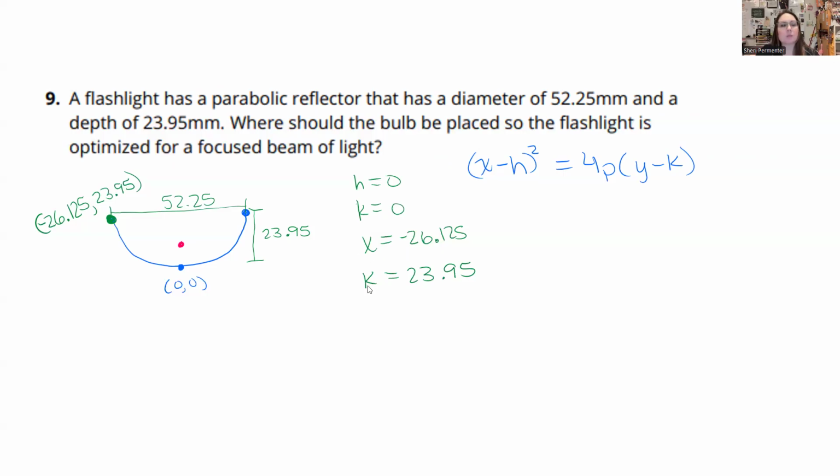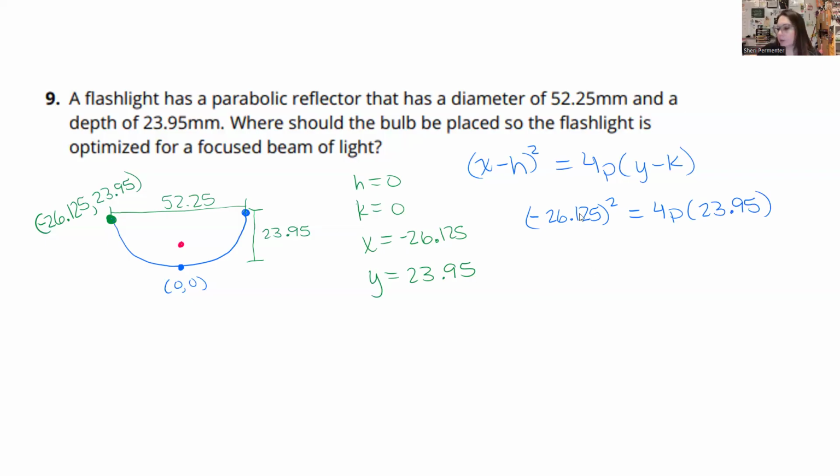Here? Oh, h, k, y. Thank you. Not 2 k's, that's a y. Thank you. So I'm going to plug in the things that I know. h and k are 0, so when I plug this in, I get my x value, negative 26.125 squared equals 4p, my y value, 23.95.